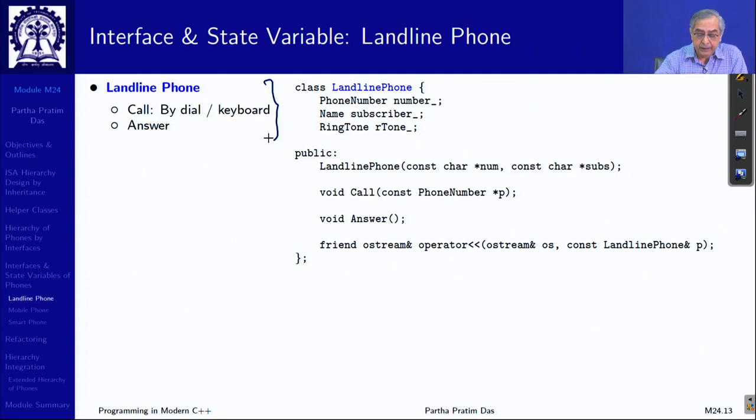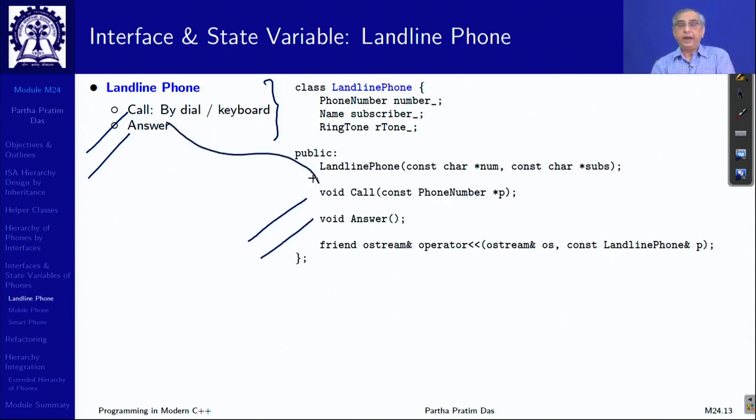So, if we look into landline, there are primarily two interfaces that we had identified. I have dropped the caller ID from here because it makes it a little more complex; it's more for illustration. So, corresponding to this call, I will have a member function in the landline phone class, which will call.